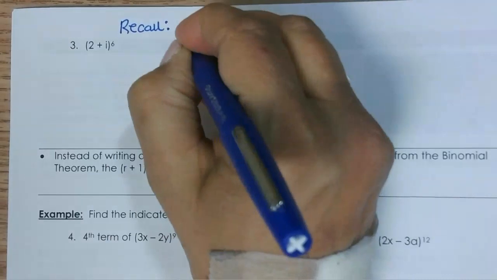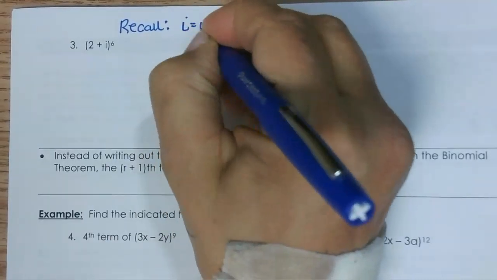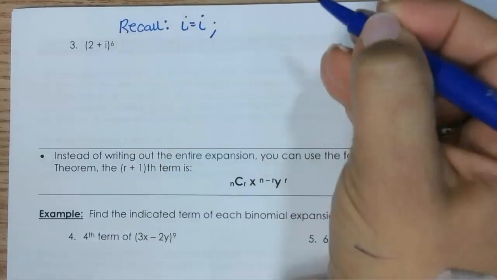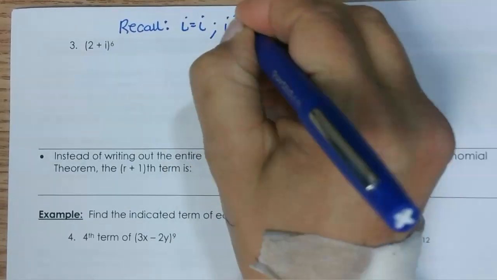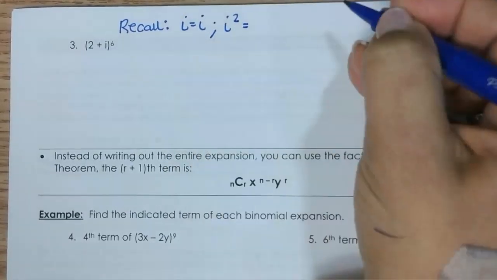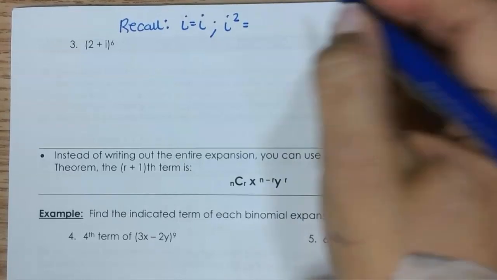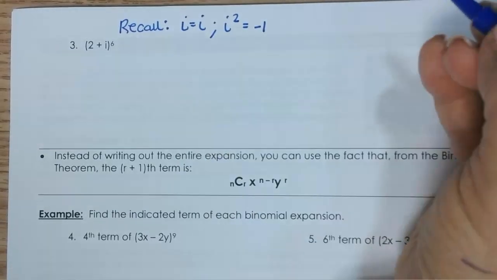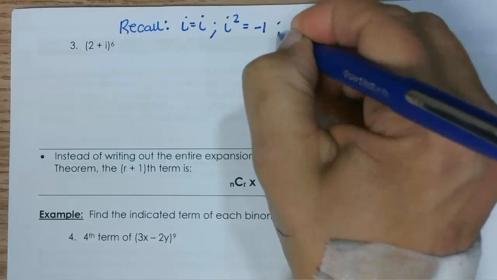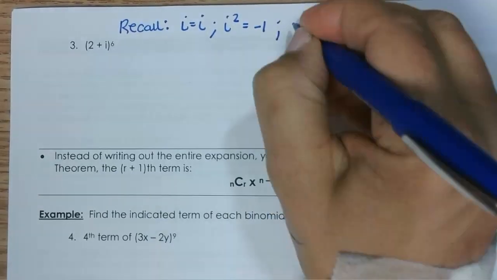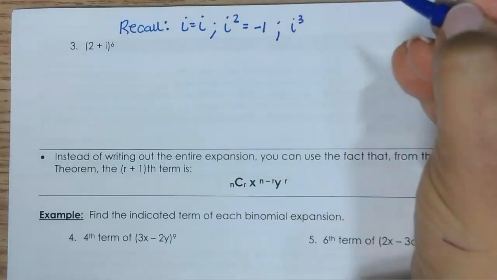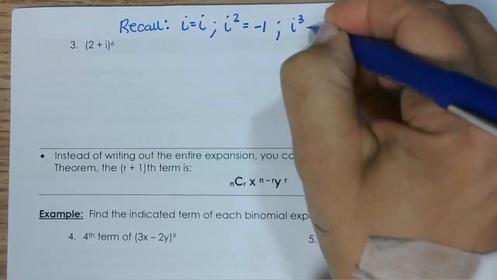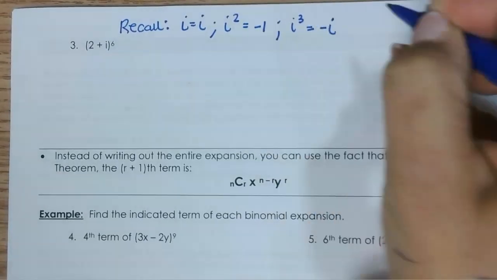When you have i to the first, that's just i, right? Then if you have i squared, do you remember what that represented? i squared was negative 1. Then i cubed ended up being negative i.